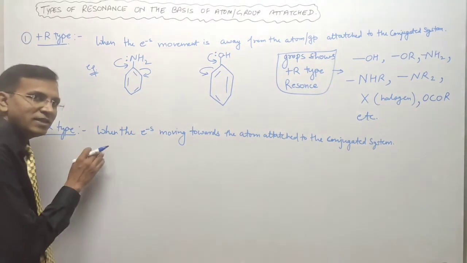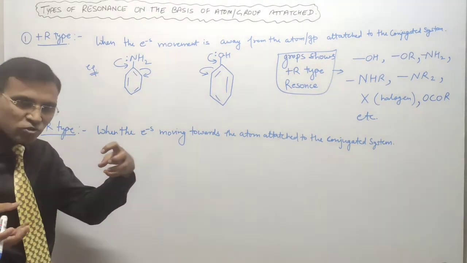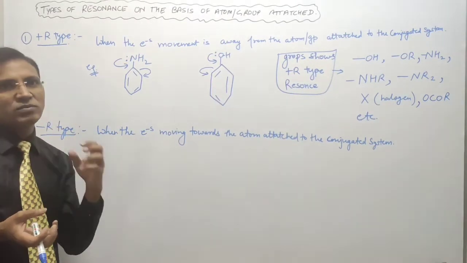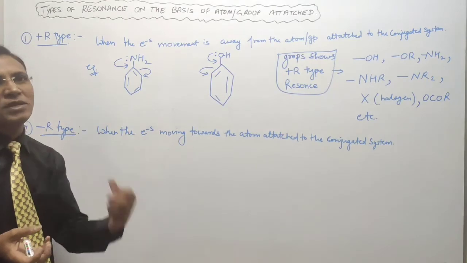So in this minus R type, when the group is attached to the conjugated system, the electrons move towards the atom attached, meaning that it withdraws the conjugated system's electrons.